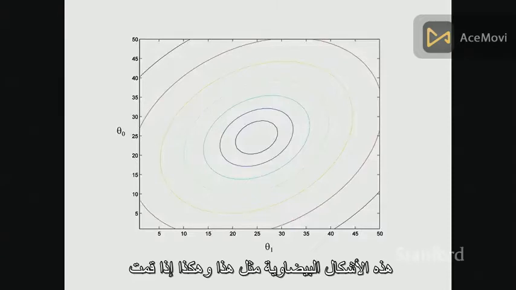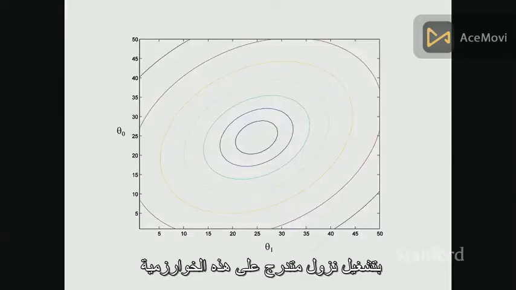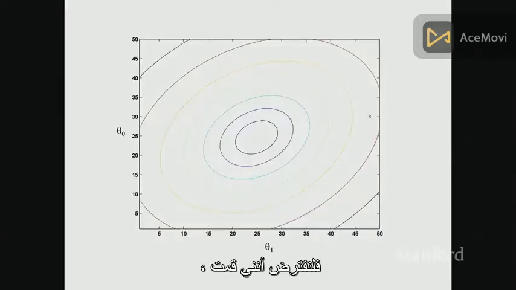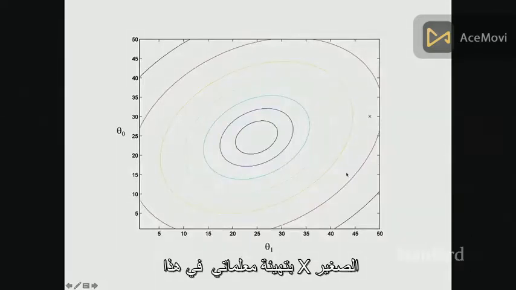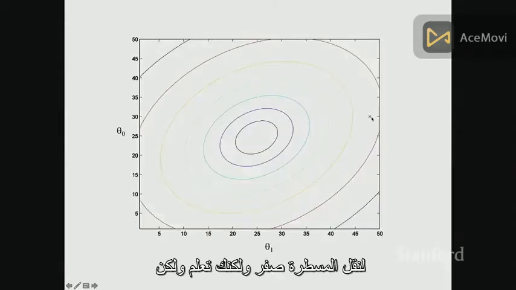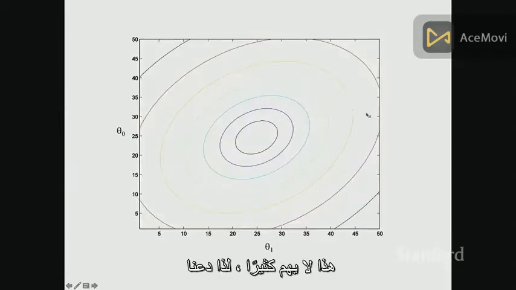And so if you run gradient descent on this algorithm, let's say I initialize my parameters at that little x shown over here, right? Usually you initialize theta to be equal to 0, but it doesn't matter too much. So let's initialize over there.